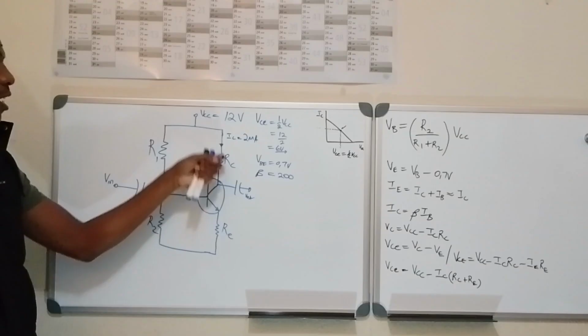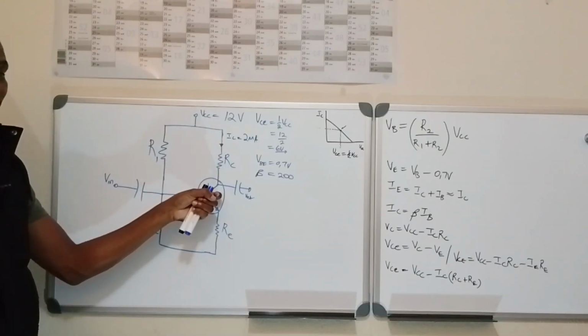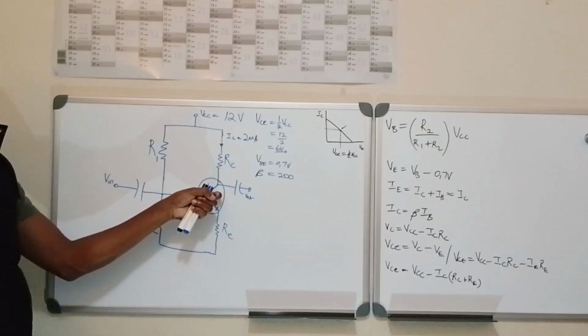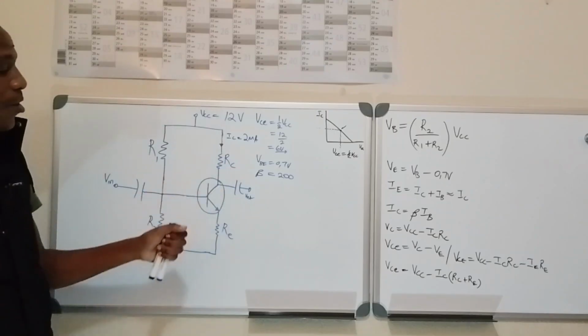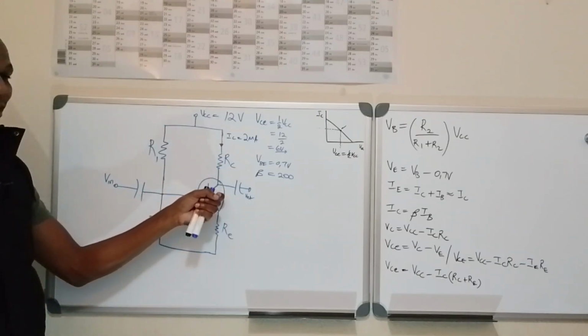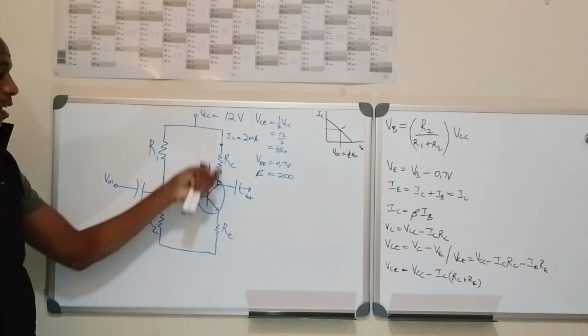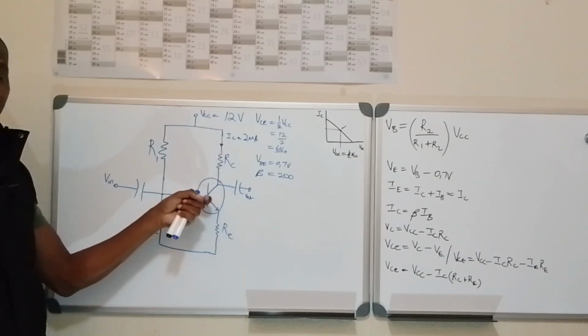Remember, if you allow too much current to flow here, what's going to happen to the transistor? It's going to burn. So you must also check the data sheet for how much current this specific transistor can handle.